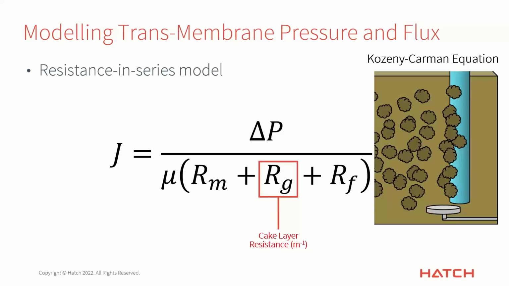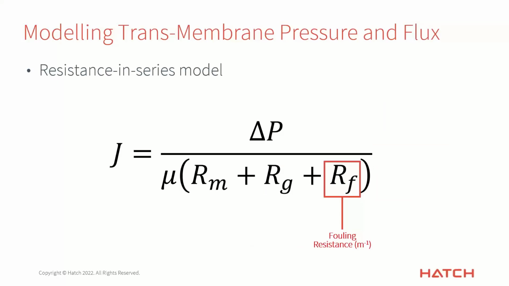So we get a solids thickness, and then from there we can calculate a resistance. There are a few parameters involved, and a couple of equations to go through. I won't go through them here in detail today, but I do recommend taking a look in the GPSX technical reference. I believe it's chapter 6. There are several pages that describe all the process we go through to get from solids to cake layer resistance.